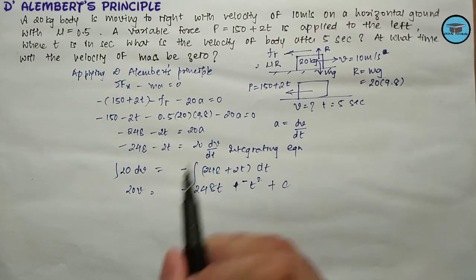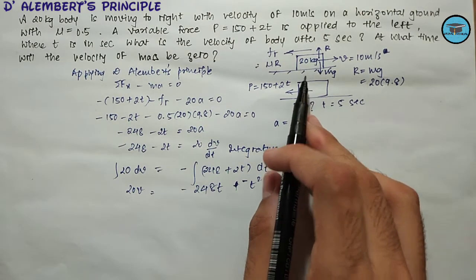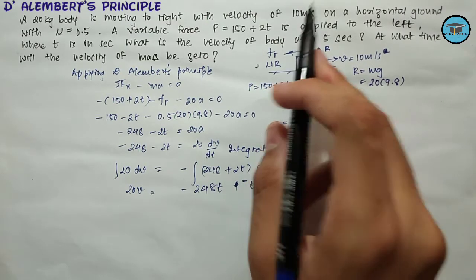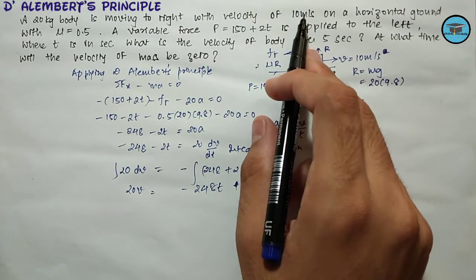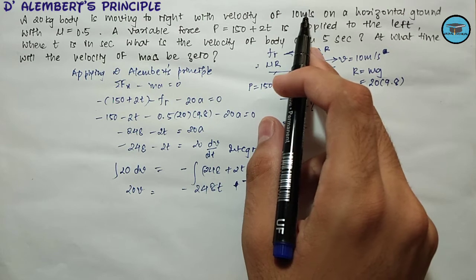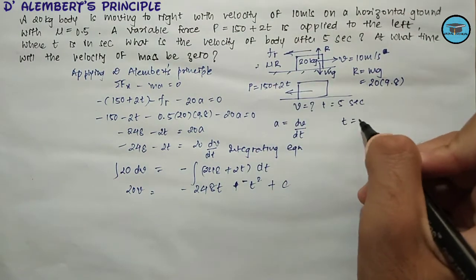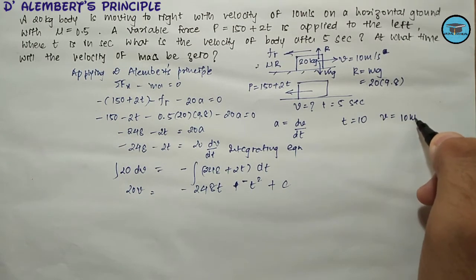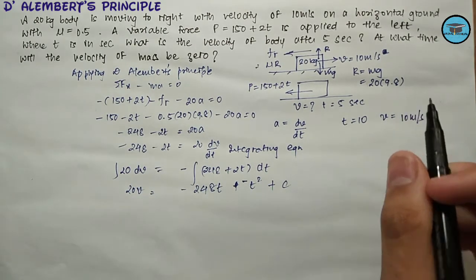Now at time t equals 0, the velocity of the body is given as 10 meter per second. Let us take this as the initial velocity.